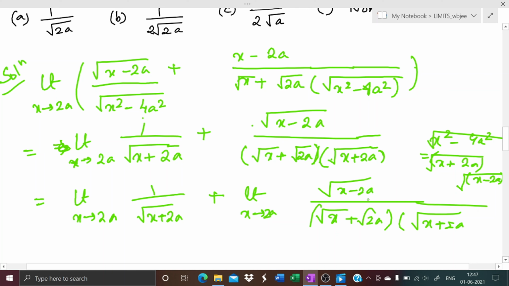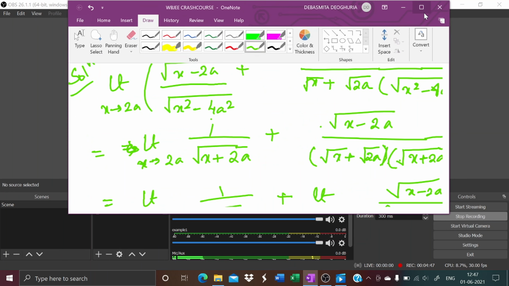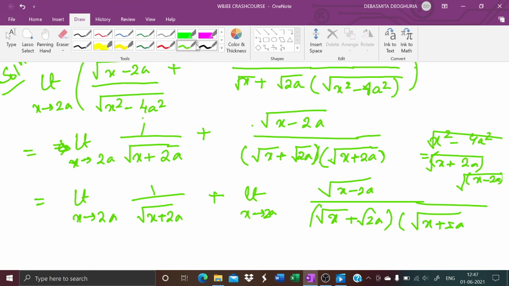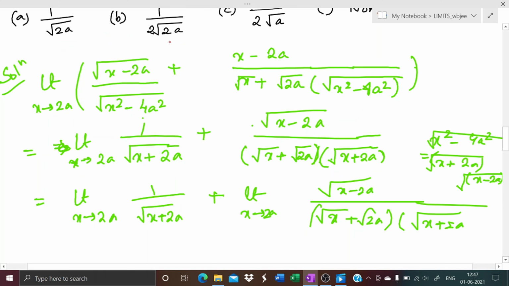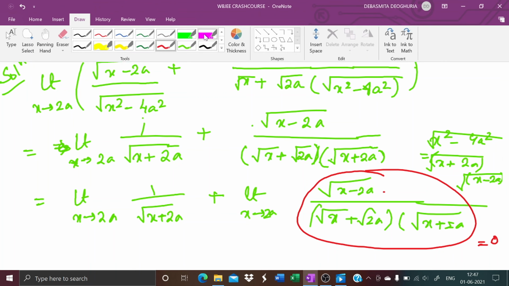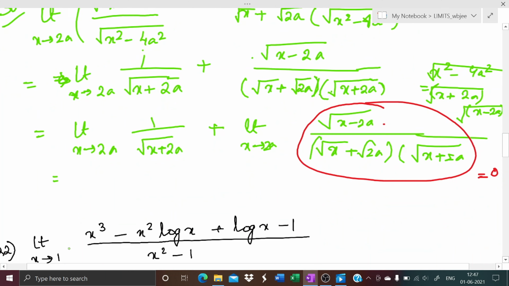So here you can see that this entire thing becomes 0, because over here this numerator will become 0 and only this part will remain.